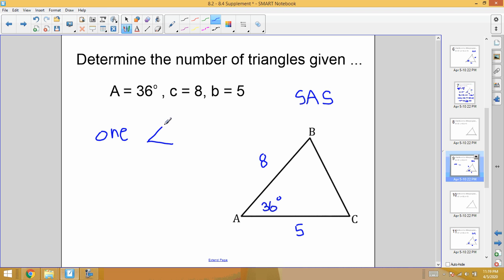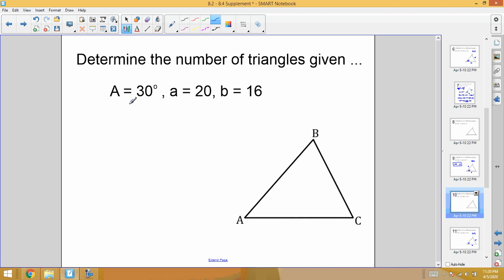I'm not going to do an SSS one in the examples here, but it would work very similar to this one. So again, anytime you find an SAS or an SSS, you can be confident that there's just one triangle. You don't have to solve or anything, you just comment with one triangle, that's your answer, and you're done.